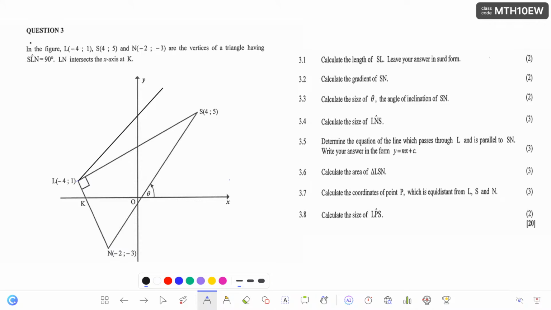Here they said in the figure we have L, which is (-4, 1), S, which is (4, 5), and N, which is (-2, -3), the vertices of a triangle with angle SLN equal to 90 degrees, and LN intersects the x-axis at K. For question 3.1, they said calculate the length of SL. Leave your answer in surd form. So we need to calculate this length, SL.